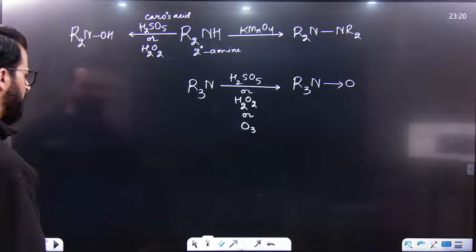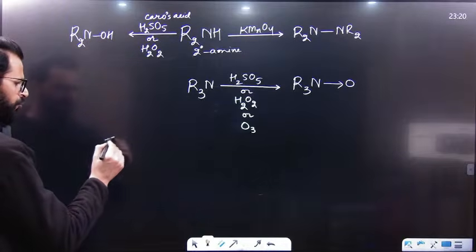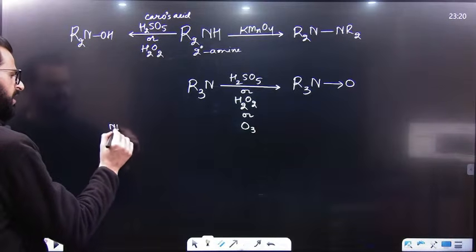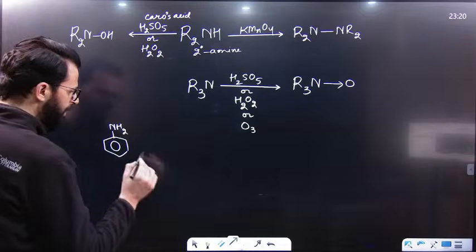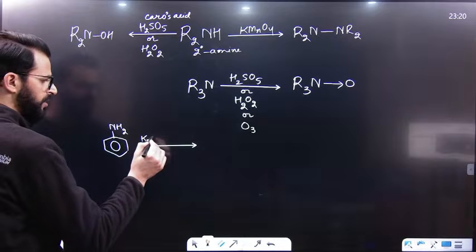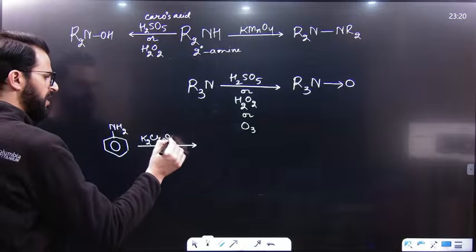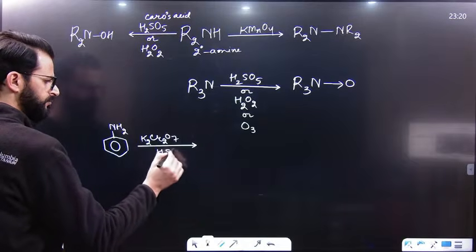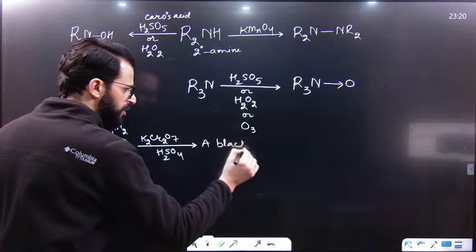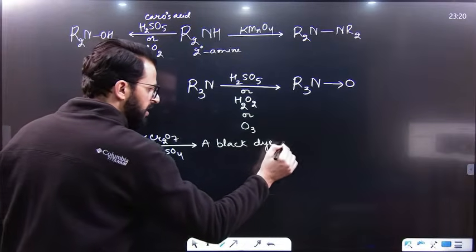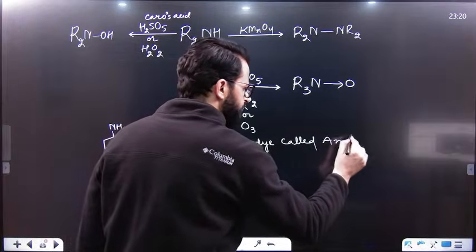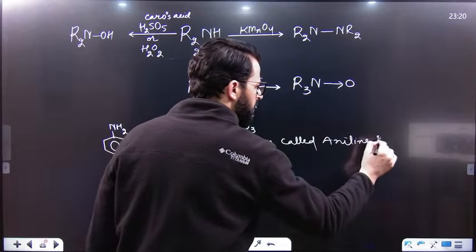After that, remember, if you have an aromatic amine, say for example aniline, and it is oxidized by using K2Cr2O7 in acidic medium, it generally forms a black dye called aniline black.